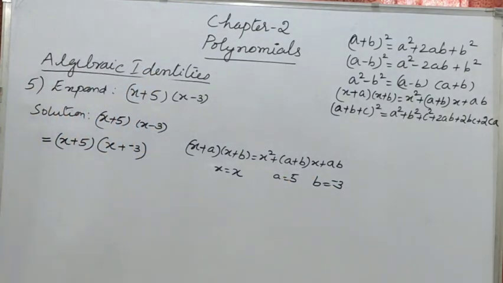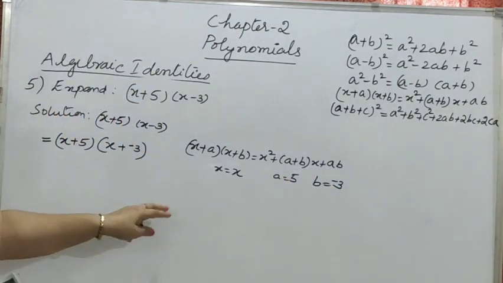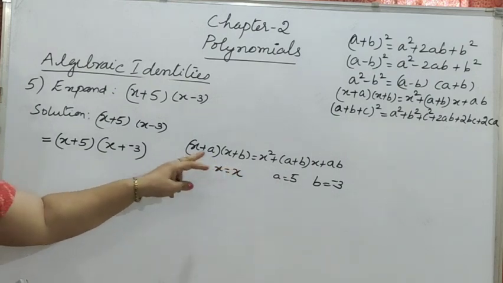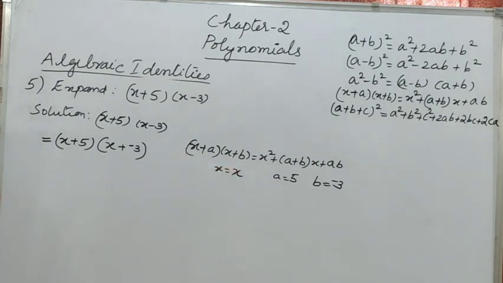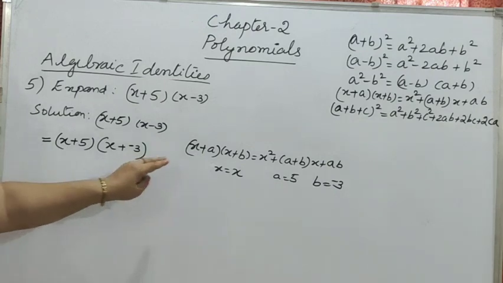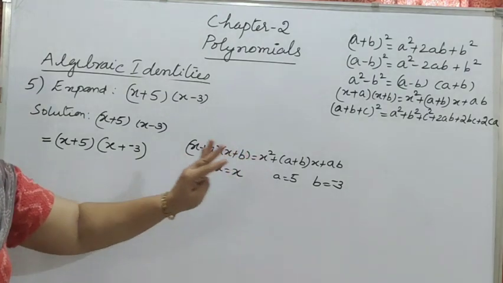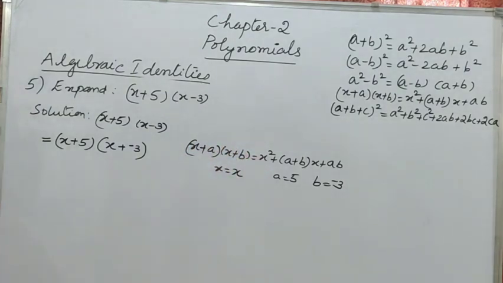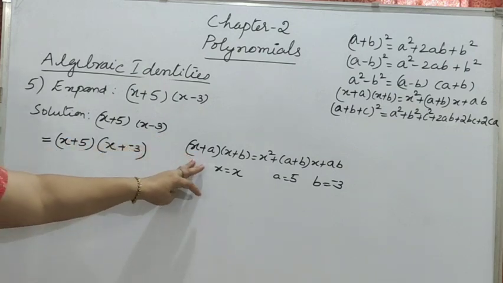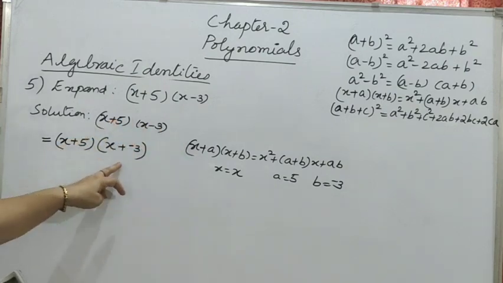Otherwise, what we would have to do is learn all the formulas: x plus a, x minus b, x minus a, x minus b, like that we would have to change the formula. That is not required. You learn one formula correctly. That is (x plus a) into (x plus b) equals x square plus (a plus b) into x plus ab. Right? Now you compare. Because these both are plus, we are making them plus only.